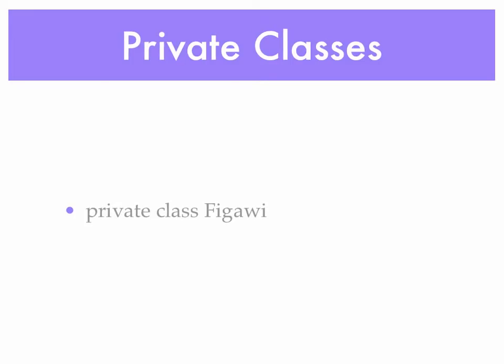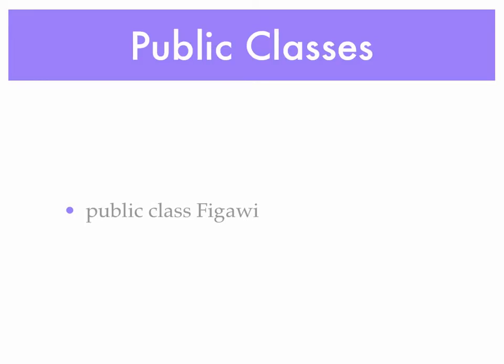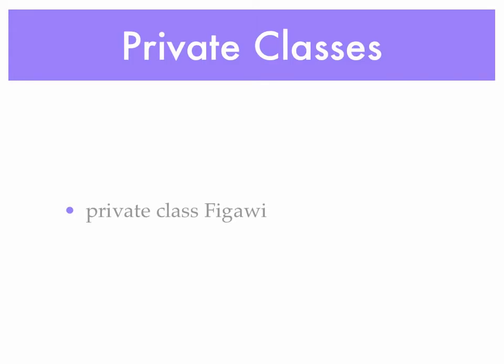Some classes are private. We just, in public class Fagawi, saw the declaration of a class that's public, which means it is accessible to the outside world. It's accessible from other classes or by other classes. That's a public class. You can also have a private class. And a private class is not accessible to the outside world.